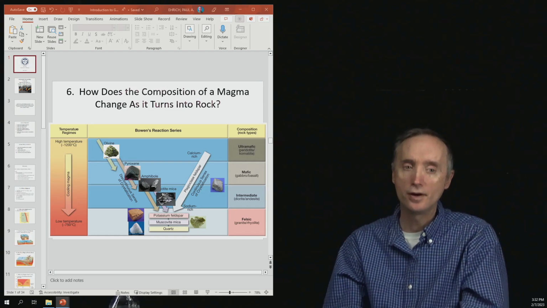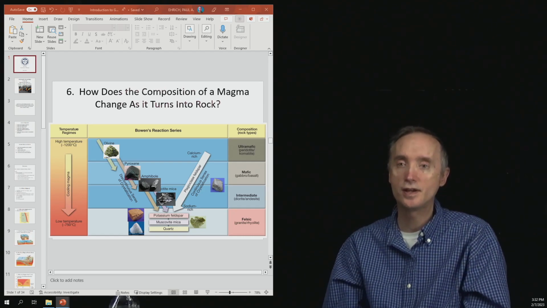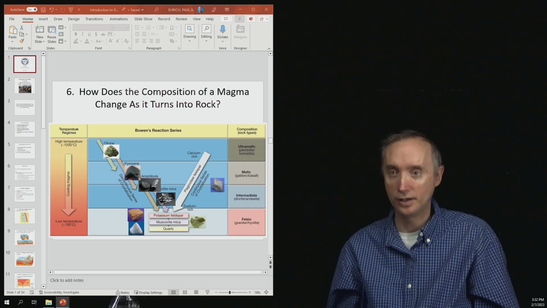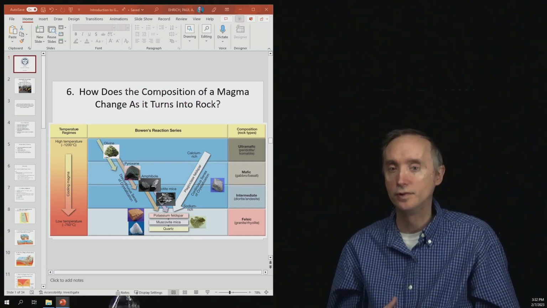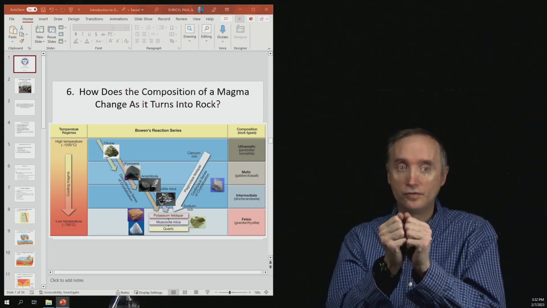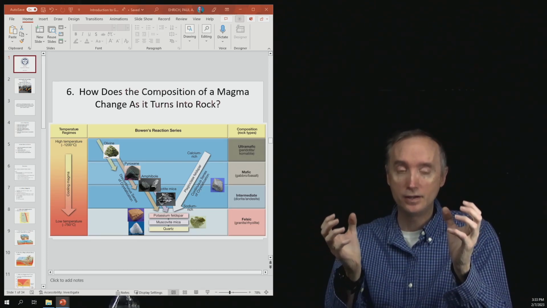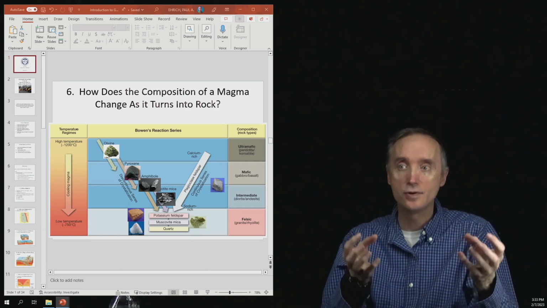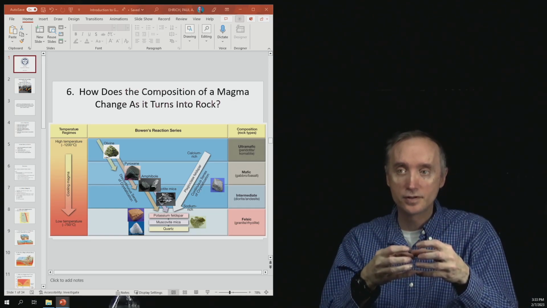All right, but on the other hand, let's say that instead of letting this thing cool off very quickly, we let it gradually cool off. Then the olivine is unstable at lower temperatures. It doesn't like the lower temperatures. So it will tend to fall apart into those silica tetrahedrons, and then those silica tetrahedrons will recombine to make pyroxene.